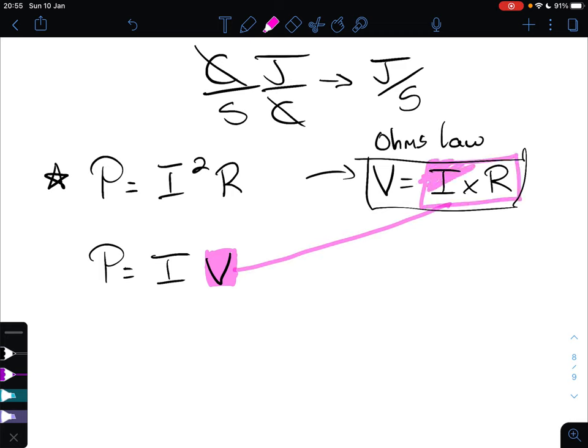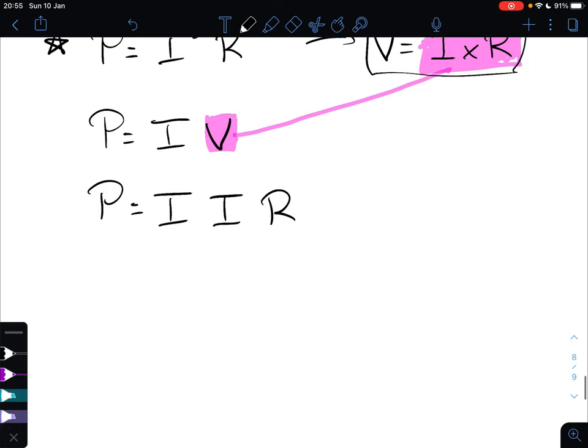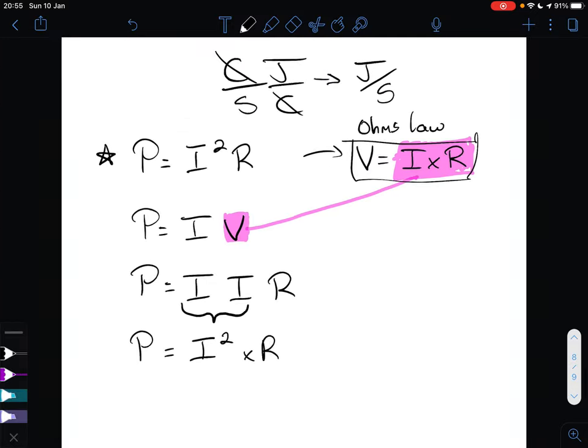Because if I times the current and the resistance together, I naturally have calculated the voltage. There it is. So I'm going to take those values and I'm going to replace them. So let's write it out. P is equal to I. I'm not going to write V. I'm going to write IR. Now if we tidy this up, I times I is I squared R. So that's where that equation actually comes from.